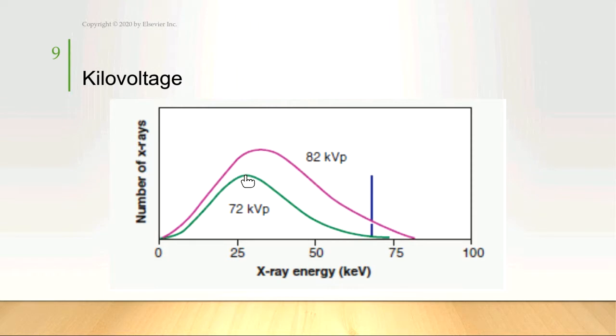Notice the peak at 72 is right here, and the peak at 82 is just a little bit to the right of that, which means it has higher average energy. It just is higher quality with regard to raising KVP, and higher quantity as well. It intersects the x-axis at 72, and this would intersect the x-axis at 82. So increasing KVP not only increases your quantity, but it increases the average energy of the beam as well.